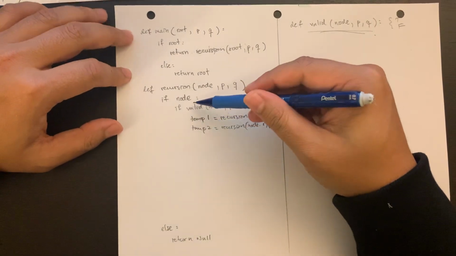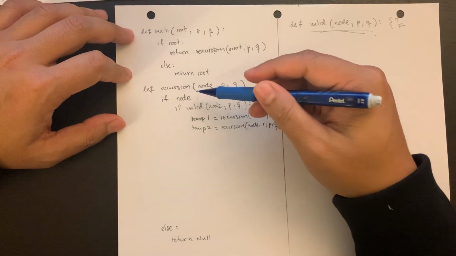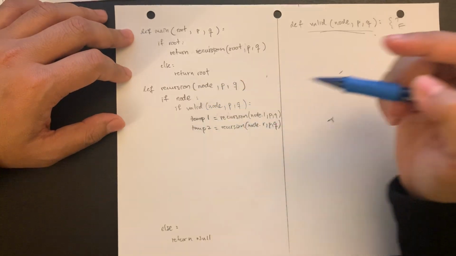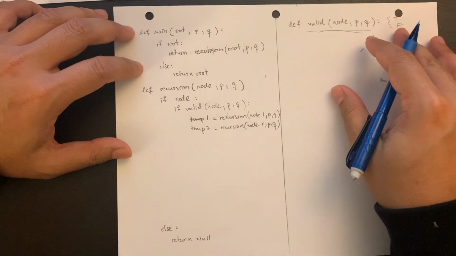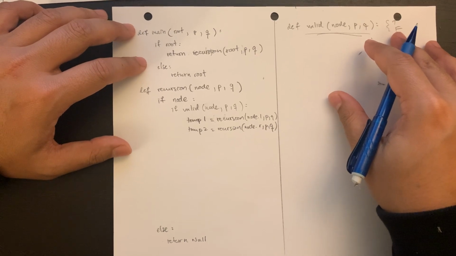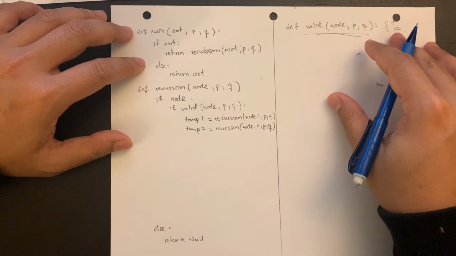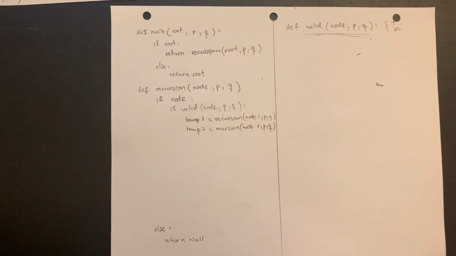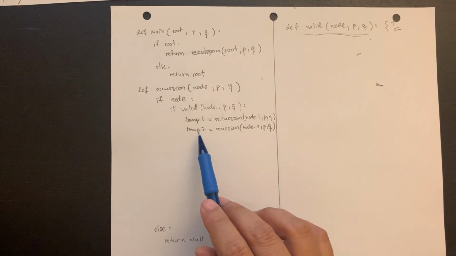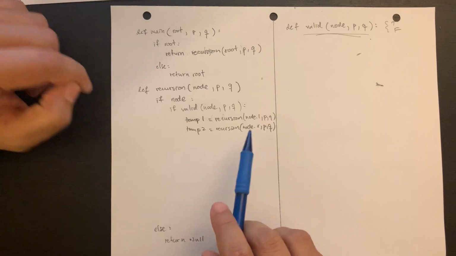So I will recurse that. Is there any case that both temp1 and temp2 will return a node?